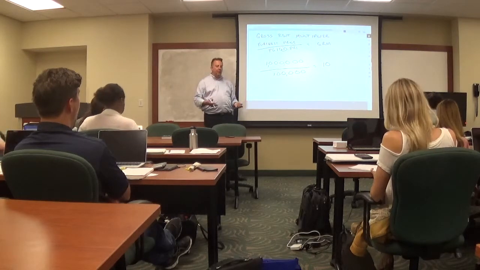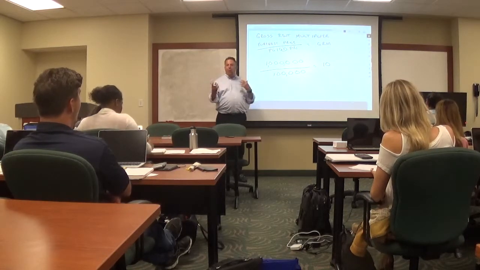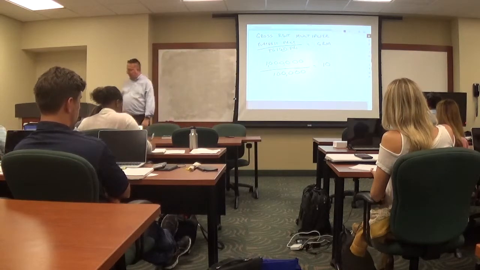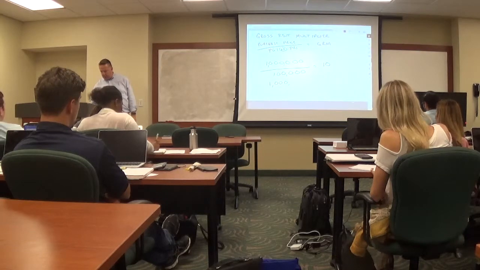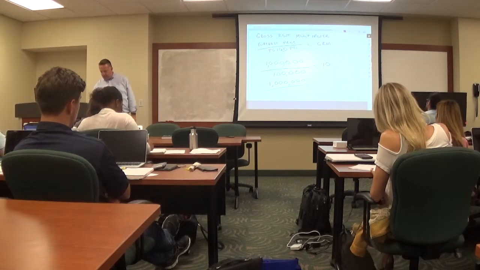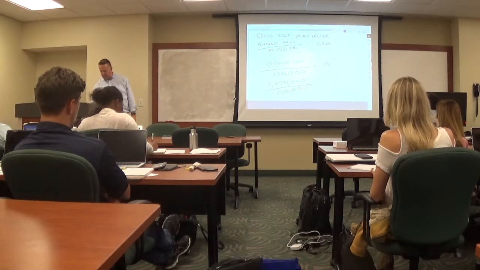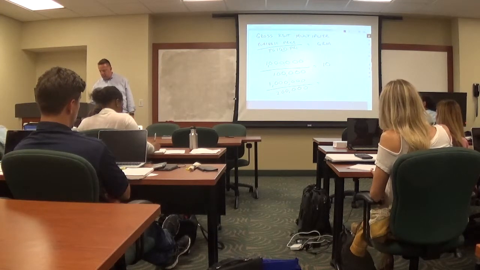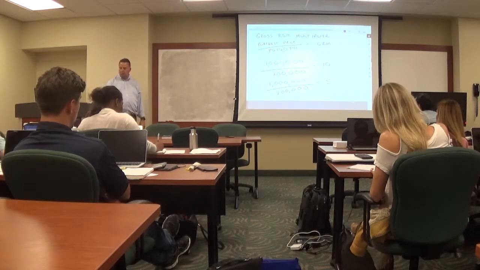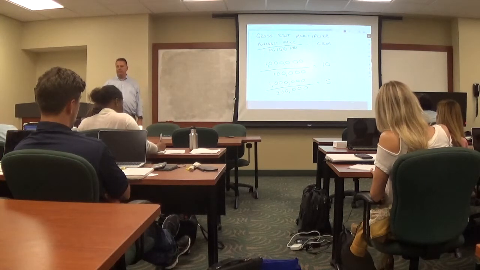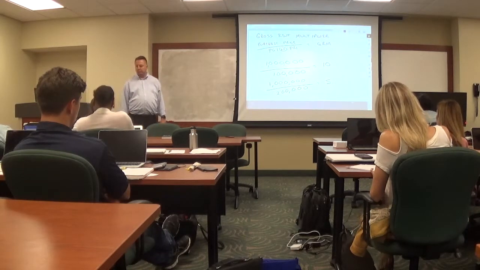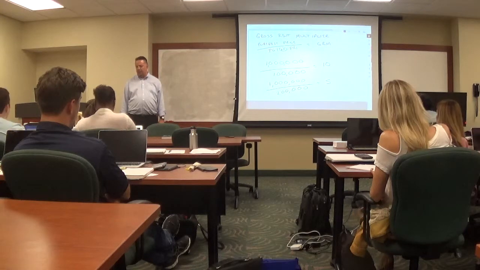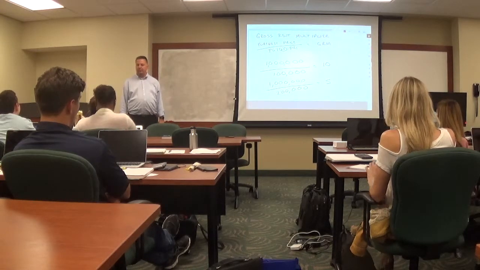Now, how would you use this? Potentially to compare one property against another. If you had another property that was also valued at $1 million, but had $200,000 of potential rental income, what's our gross rent multiplier going to be? $1 million divided by 200,000, is that not 5? Yes?